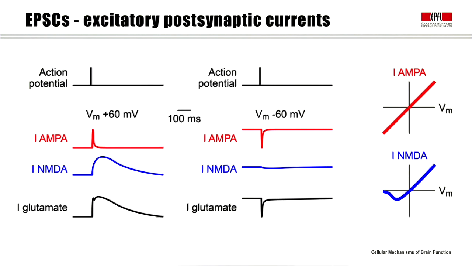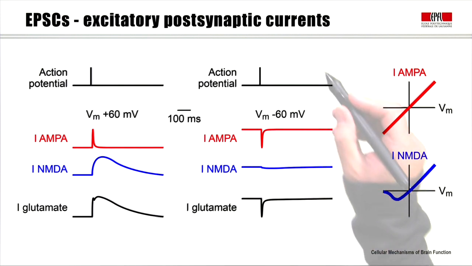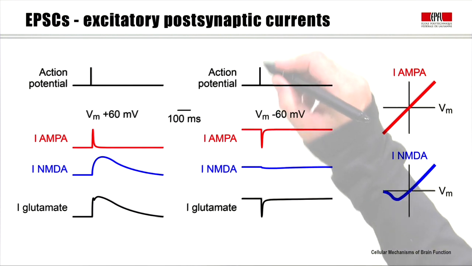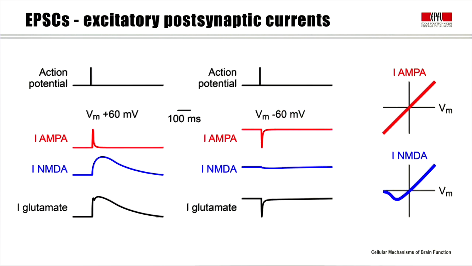So here now we have a schematic drawing of what happens at a real synapse, where we're considering a presynaptic neuron that fires an action potential, perhaps in response to current injection in the experimental setting, and simultaneously we're recording from a small compact cell that's voltage clamped and synaptically connected to the presynaptic neuron.